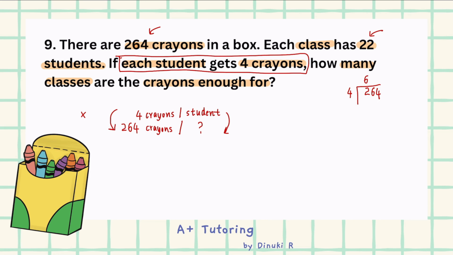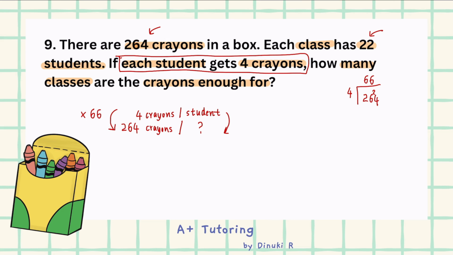So it's 4 times 6 goes 24, and you can use short division here. If I just make some space, like that, right? 4 times 6 is 24. 24 taken away from 26 gives us 2 left over. And then we bring the 2 there, which means it's 66, right? So we're going times 66.